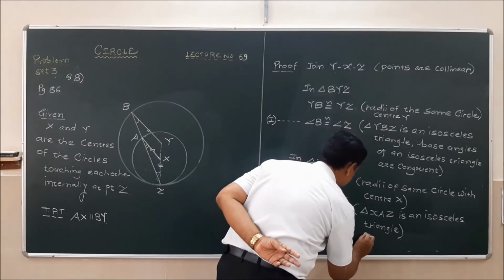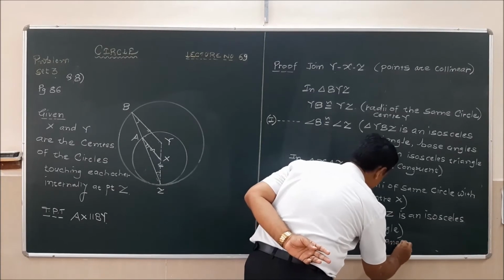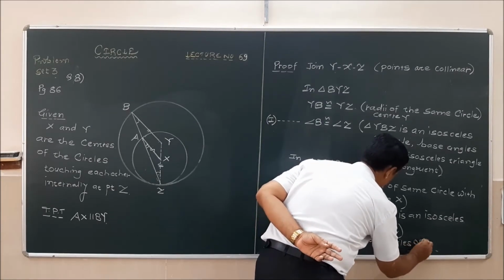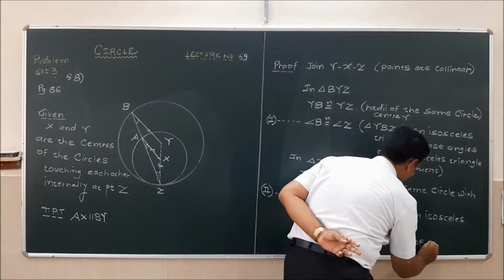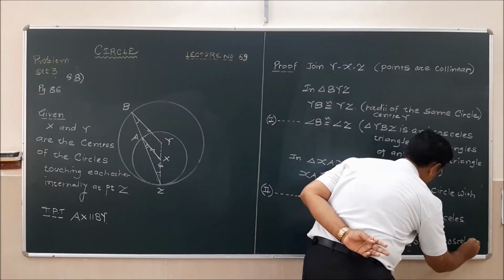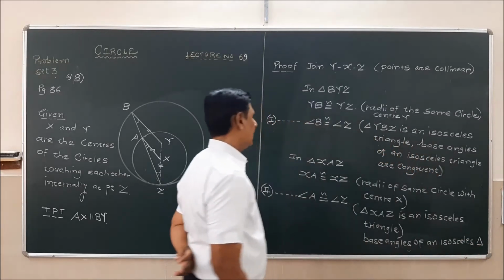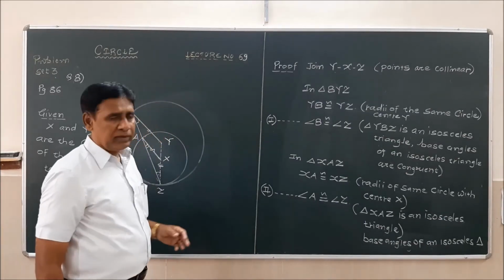Here also we must mention that base angles of an isosceles triangle are always congruent. Now please try to understand.